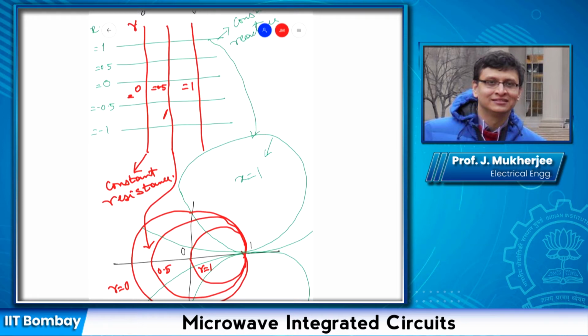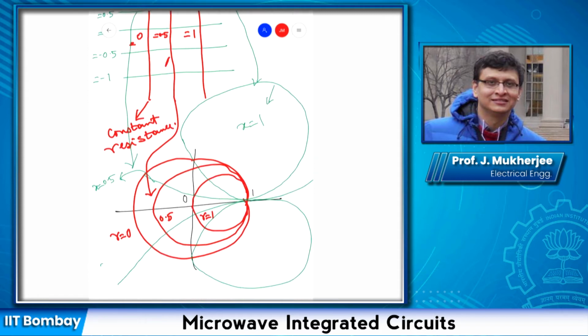Similarly, this is the x equal to 0.5 constant reactance circle, so this has become this. This is the x equal to minus 0.5 constant reactance circle, so this line has become this. Then this is the x equal to minus 1 constant reactance circle, so this has become this, and so on. So that's how this happens.